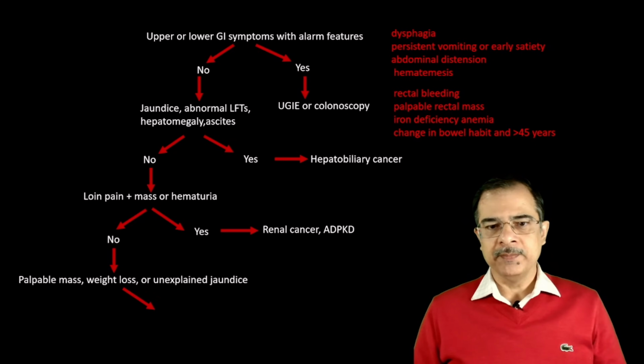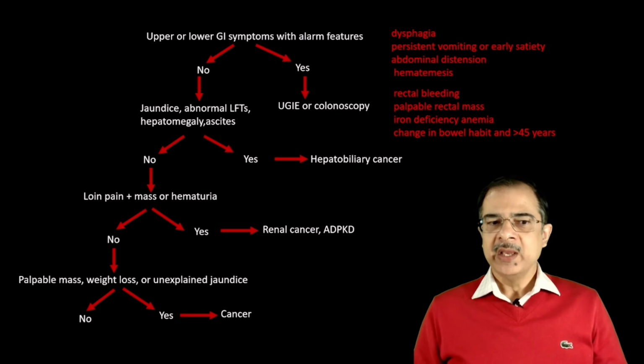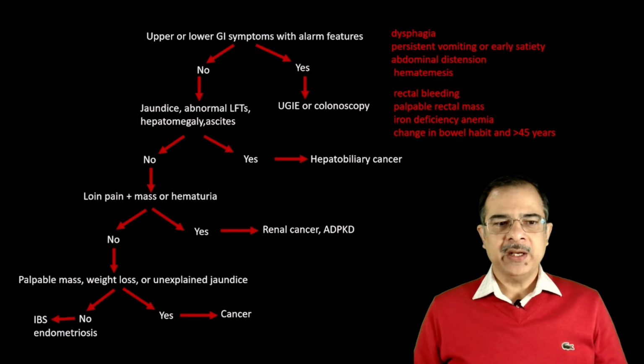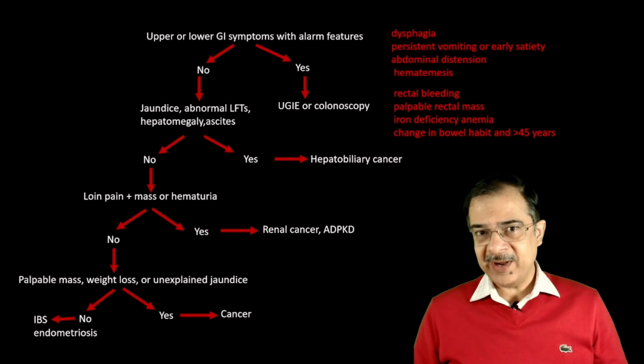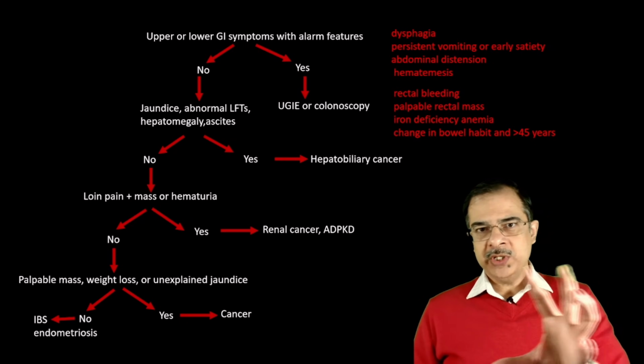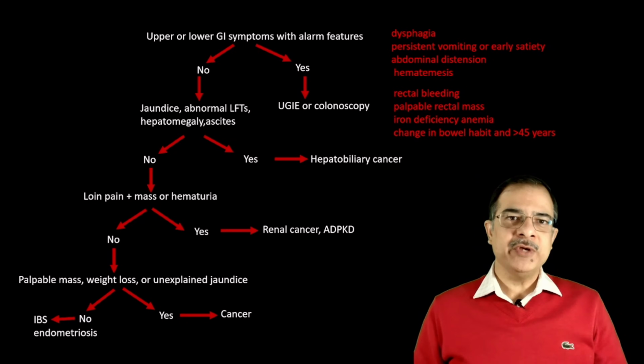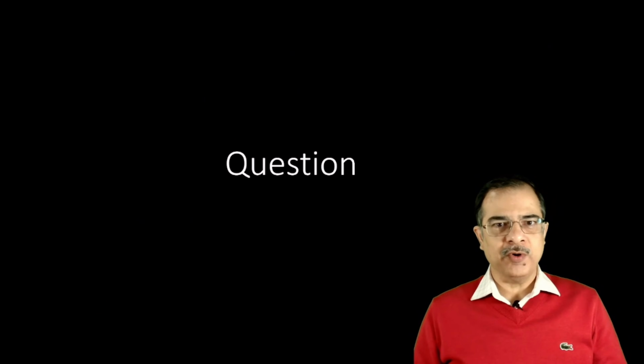If a palpable mass in the abdomen is present, then we are dealing with a case of GI malignancy, GI cancers. If these are not present, then it can be irritable bowel syndrome, one of the very important prevalent disorders in the community, or it can be endometriosis. So this flowchart is of common and serious conditions that we should rule out or check for.